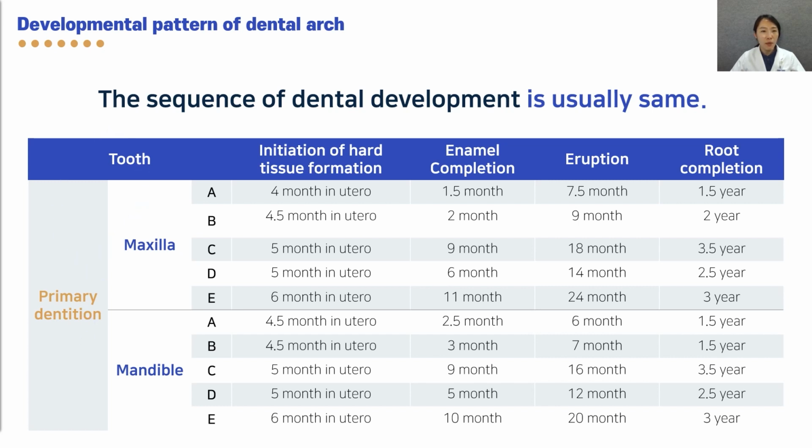And in primary dentition, all the primary teeth begin their formation during pregnancy. The first primary teeth to appear in the oral cavity are the central incisors, especially the mandibular central incisors.